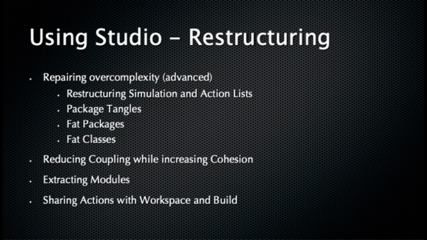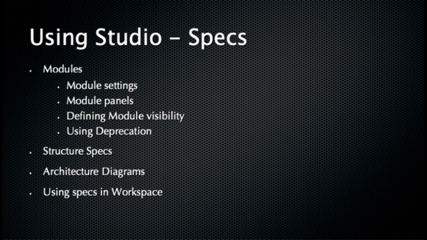So in this session, we're going to focus on the speccing side of things and also the usage with Workspace, so using Studio and Workspace together. The speccing side of things, basically there are three main aspects for doing specifications. There are what we call modules, which I showed you a bit of actually already. There's a bit of an overlap there with restructuring, because quite often that's what you're doing, is you're creating new modules from existing modules.